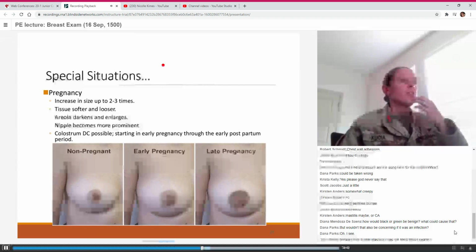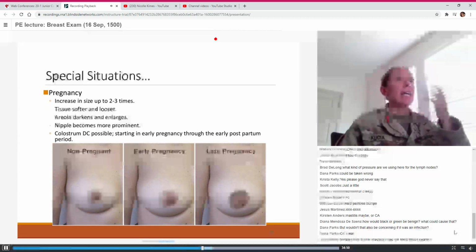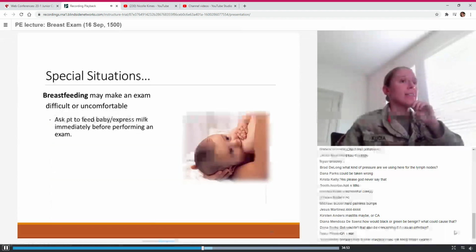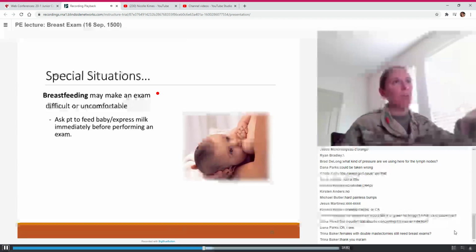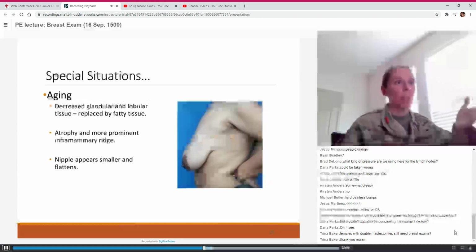Females with double mastectomy still need breast exams. Yes, technically, yes. All right. Breastfeeding can make it uncomfortable. That goes without saying. So if your patient is lactating, they might want to have fed the baby or expressed milk beforehand.